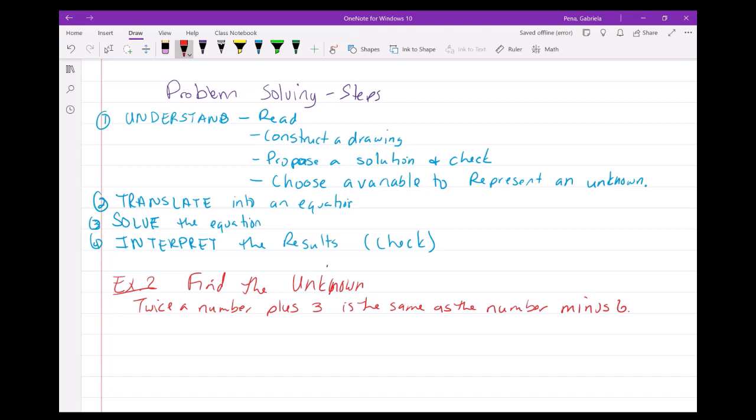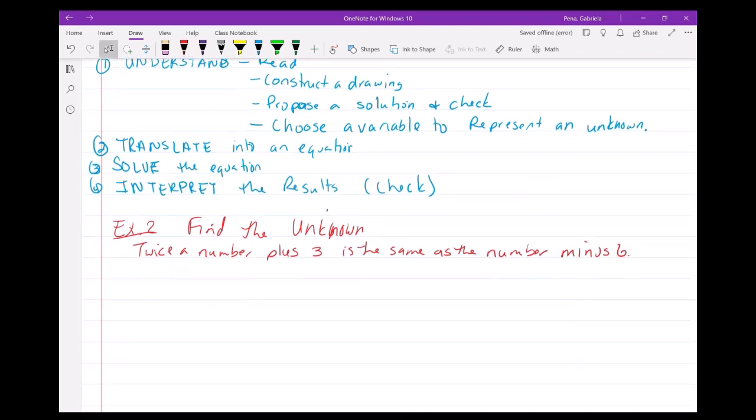So the first thing we need to do is understand the problem. To do so, we need to read once, sometimes read twice. So let's propose a solution, and suppose the unknown number is 5. This is us just guessing.